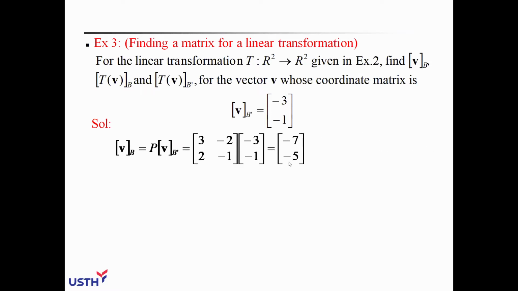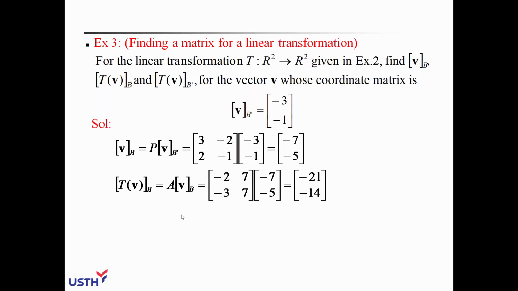Here, the coordinate of V relative to the basis B equals that. And we know already from the previous slide the transition matrix P is that. Then you can very easily find the coordinate column of V relative to the basis B to be that one.